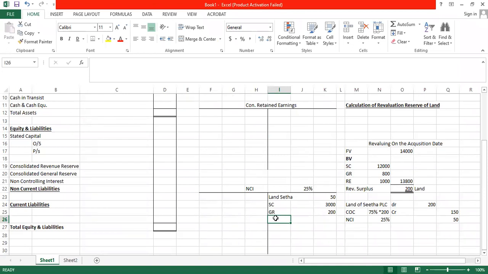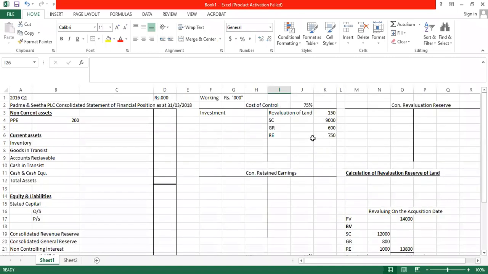Now, when you are taking retained earnings for the minority party, you have to take the total retained earnings, because it includes both after the acquisition and before the acquisition. Until now you can take the pre-acquired retained earnings, 1 million into 25%, which is 250.